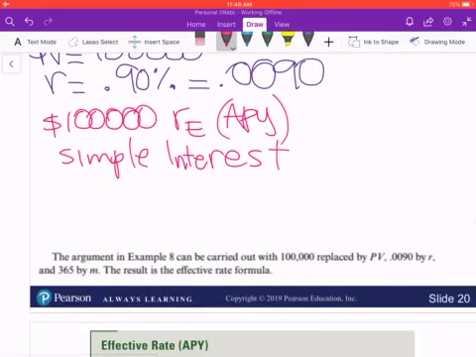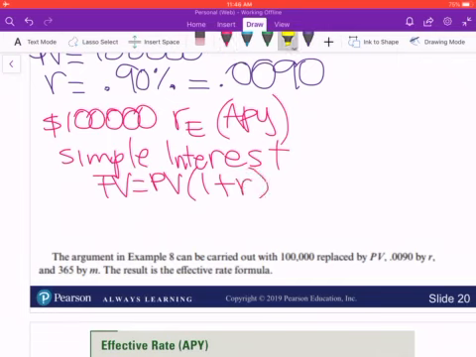And for that, the formula is the future value equals the present value times 1 plus R. So what we're going to do here is substitute the present value with 100,000.